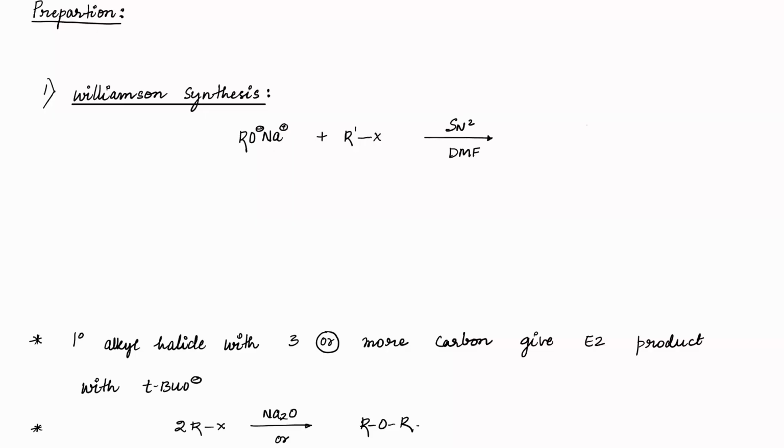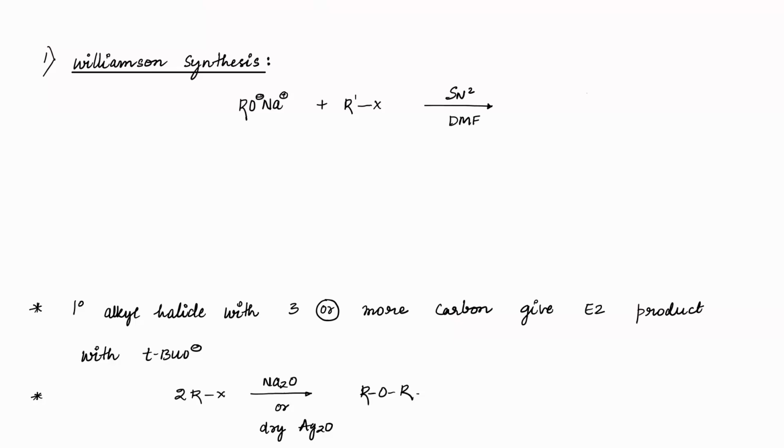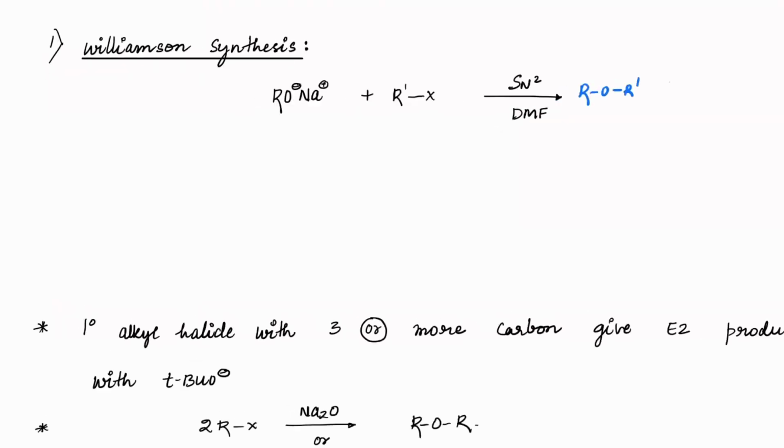Let's see preparation reactions. First one, the most common one which we have come across, is Williamson ether synthesis. Basically, we generate an alkoxide, and we react with R-X via SN2 mechanism to get ROR'.